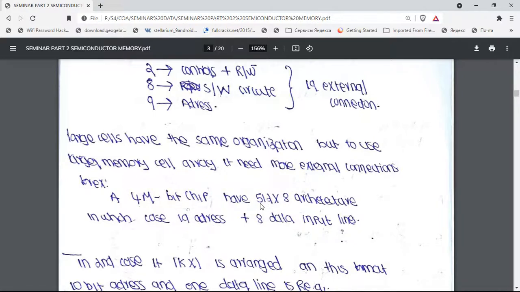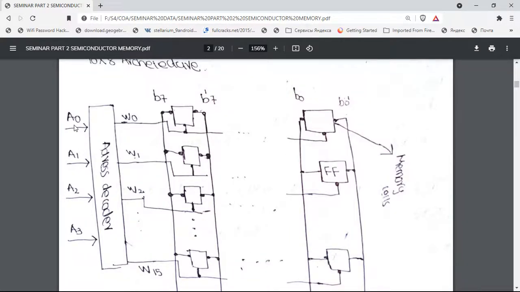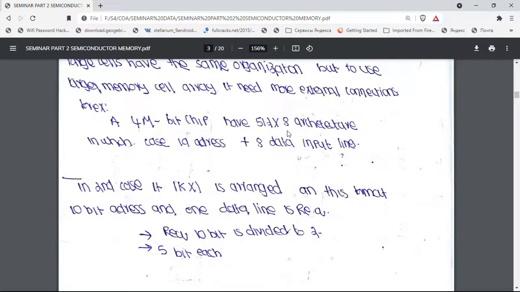If we want to access 512 address spaces, we need 19 address lines. Okay, so these are the address lines. There will be, instead of 4, 19 for a 4 MB. Okay, 512 address space has to be listed.